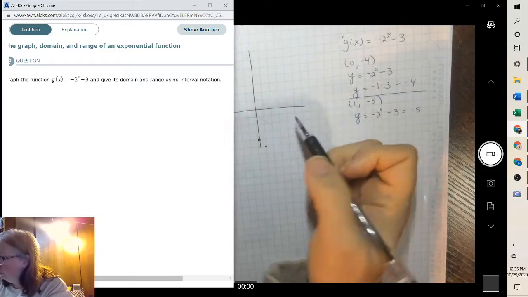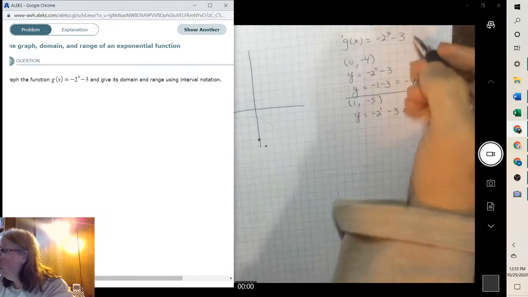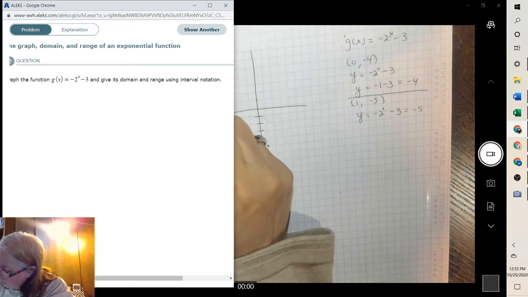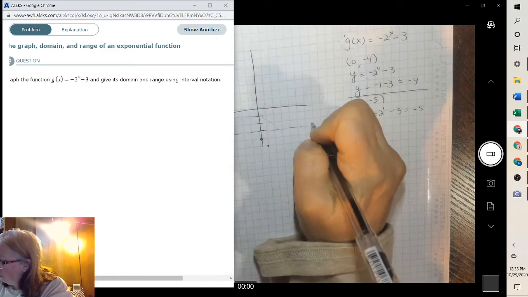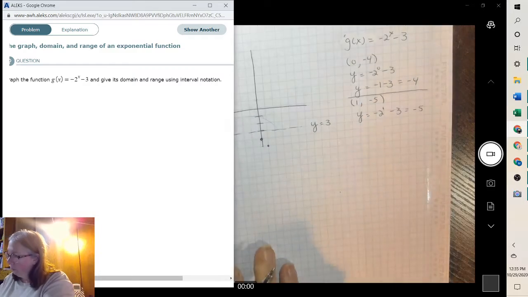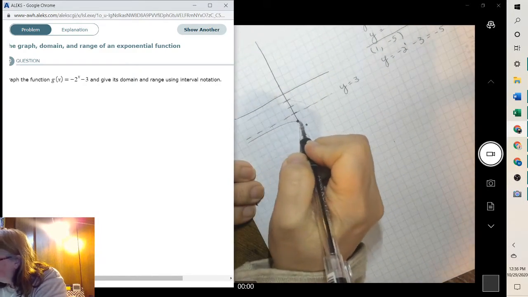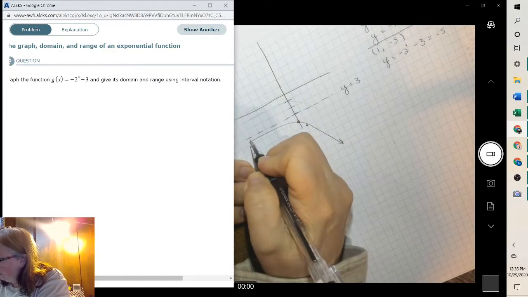We also know we had an asymptote at 0. Since it's moving down 3, the asymptote is at y equals -3. So then our graph is going to look like this.